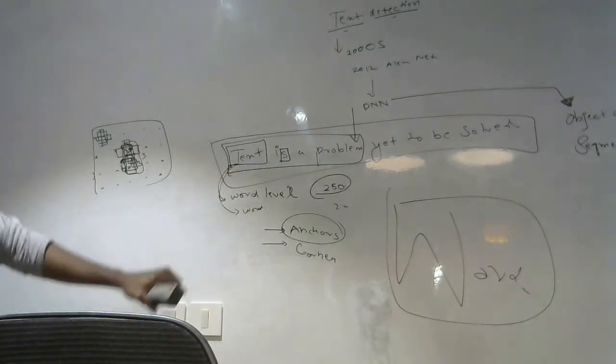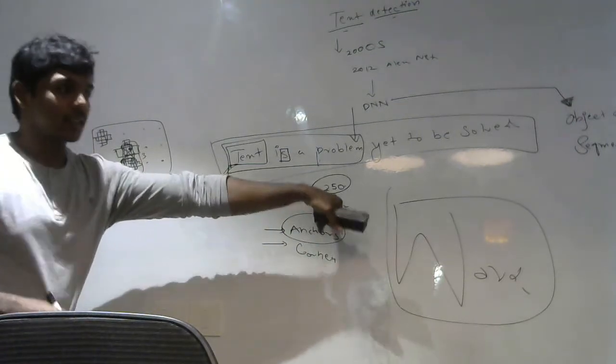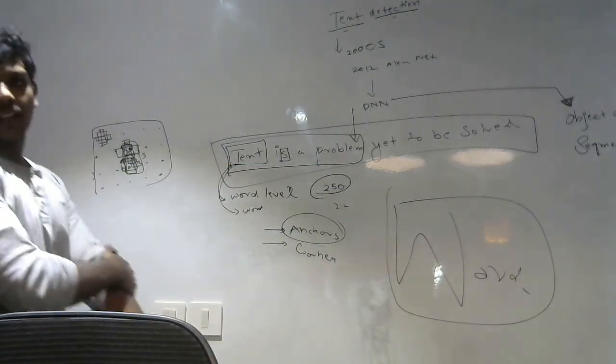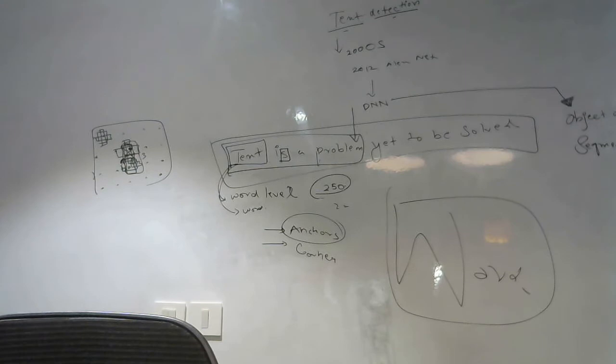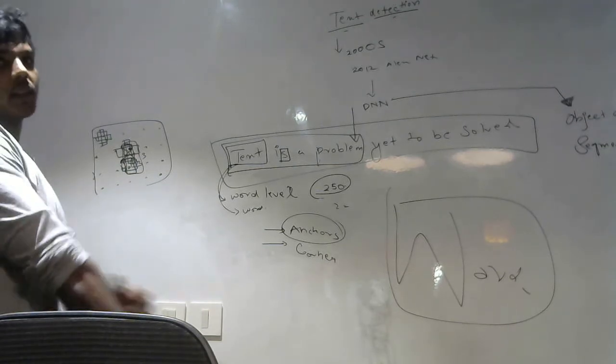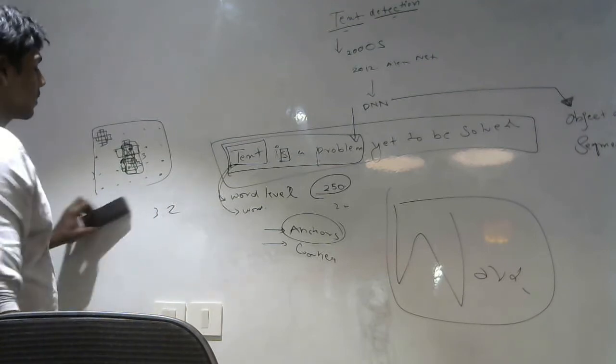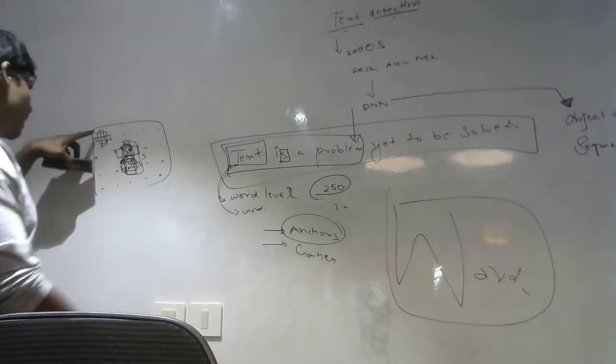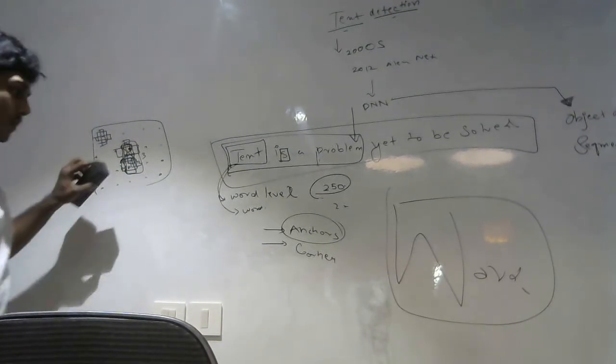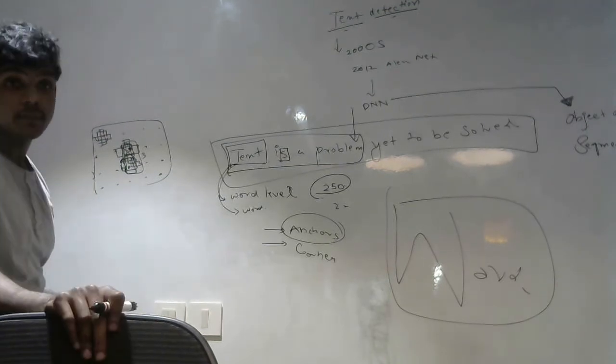And when you come to 250-character length, the anchors have hard-coded aspect ratios. They are not learned. There are 9 different anchors, fixed in the beginning.